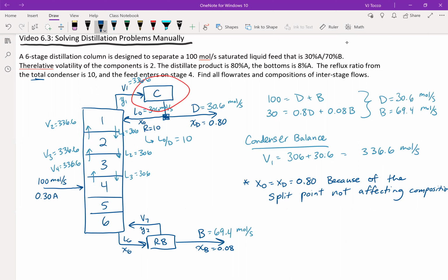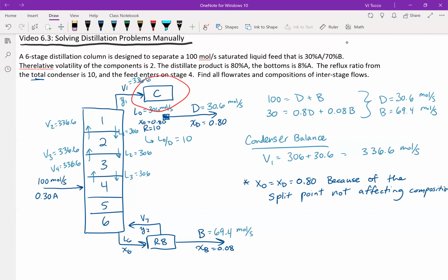Okay, so now that I know what X0 is, I should be able to say what Y1 is. I could do a material balance here, or I could realize that because the condenser is a total condenser, this little stream right here I have to keep track of. First of all, V1 is equal to the flow rate of this little stream that I just circled, going from the condenser to the split point.